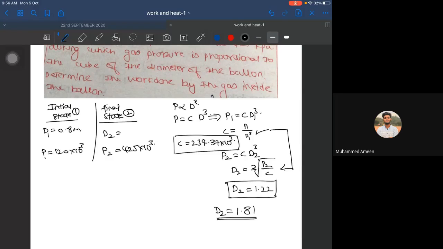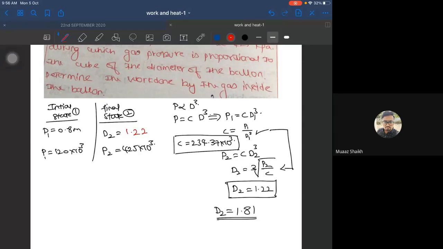How much? 1.218. So 1.218 again means 1.22. I think Sagar's value is more correct. Many people are getting that. Shall I fix on to that, 1.22? Yes, sir, 1.22 is correct.